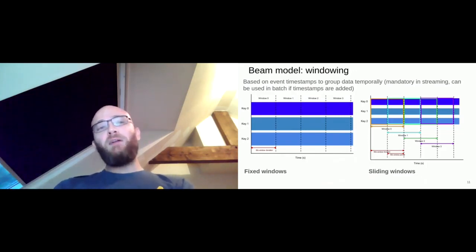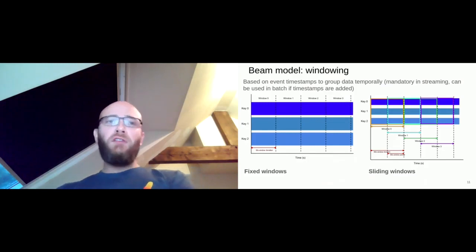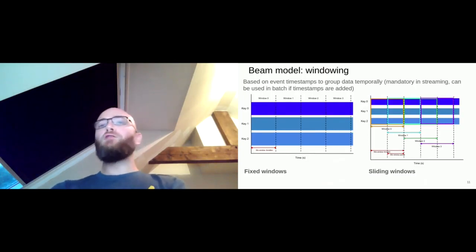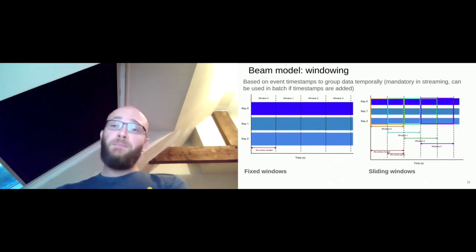We have several types of windows. We have the fixed windows that allow to express things like, I want to have the last 30 seconds of data. We have the sliding windows that allow to express things like, I want to have the last 60 seconds of data every 30 seconds.